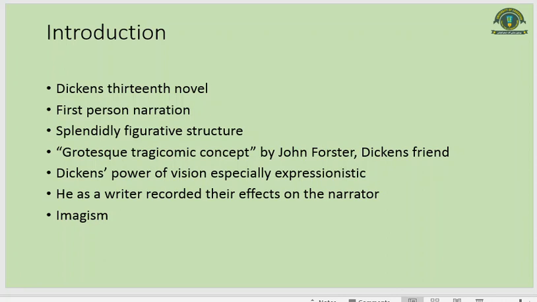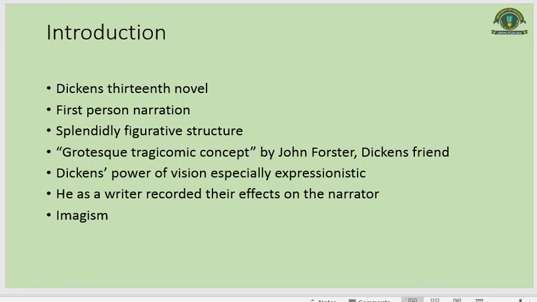It has qualities like poetry. You will learn how it is very close to poetry, but still Charles Dickens was of the view that he had not depicted his true ability, his true artistic personality, in this novel, as he himself shows in a letter to his friend, where he describes that the pivot on which the story will turn is a grotesque tragi-comic concept.